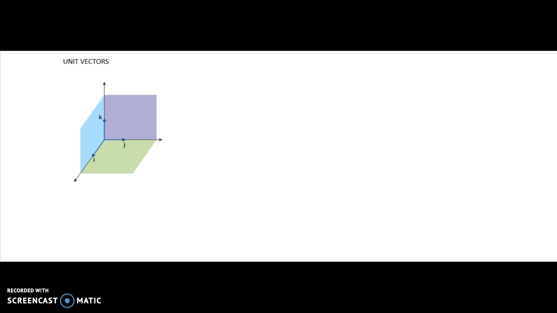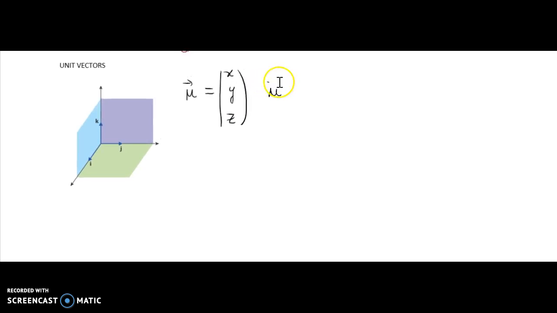But if we have any vector u with coordinates x, y, z, we can write the vector u as x multiplying the unit vector in the direction of x, i, plus y multiplying the unit vector in the direction of the y axis, the vector j, plus z times the vector in the direction of k.